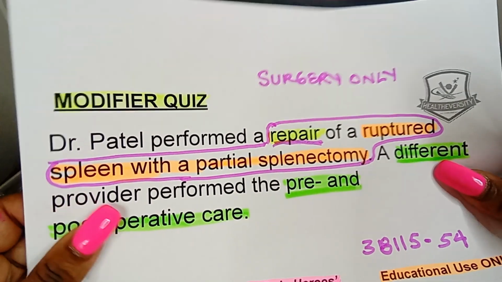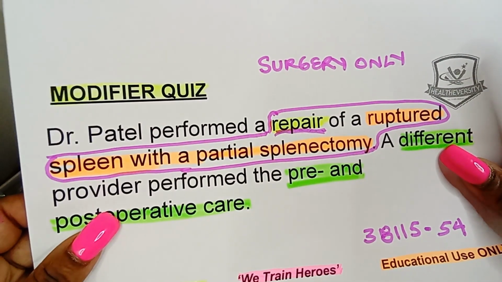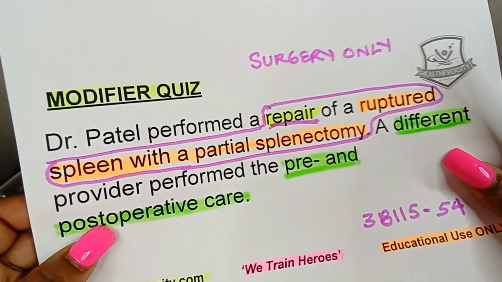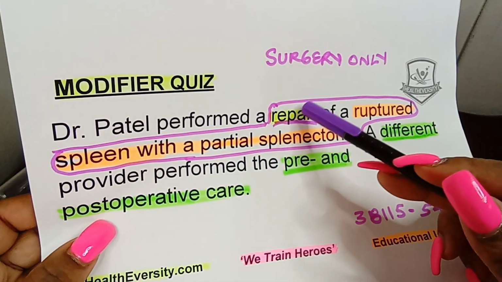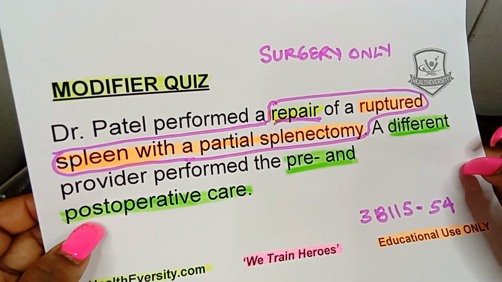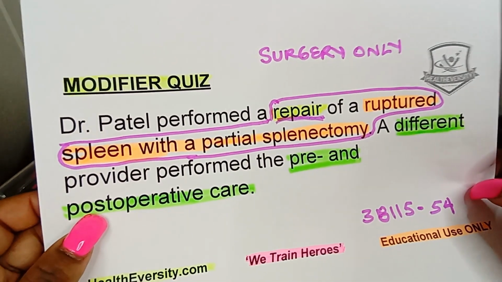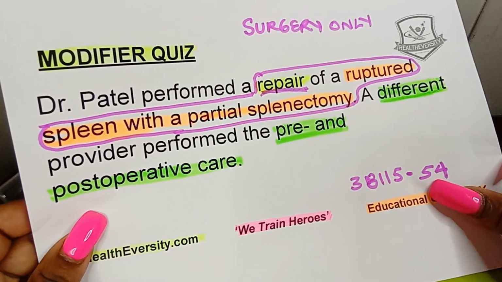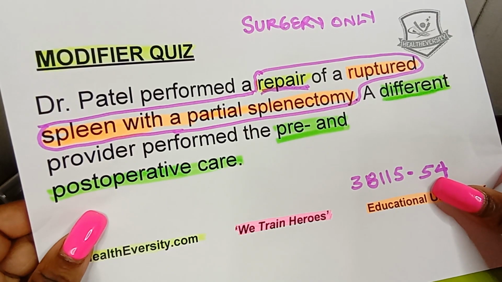That's what he did. A different provider performed the pre and post-operative care. So now you see, that's all he did. He did a repair, surgery only. And then another doctor came in and did pre and post-operative. And we're going to use 38115 modifier 54.